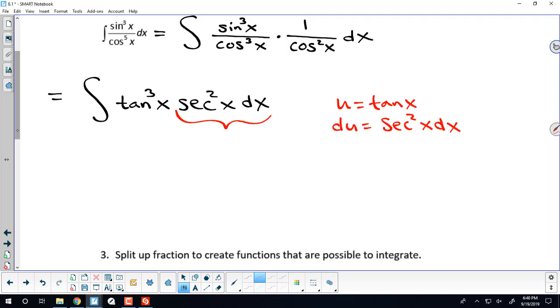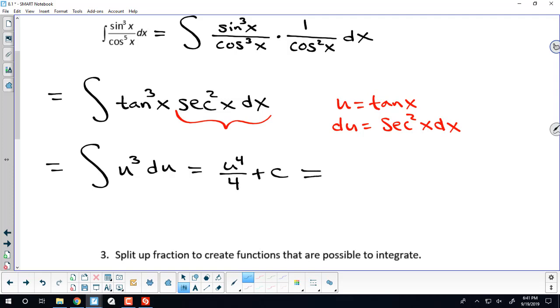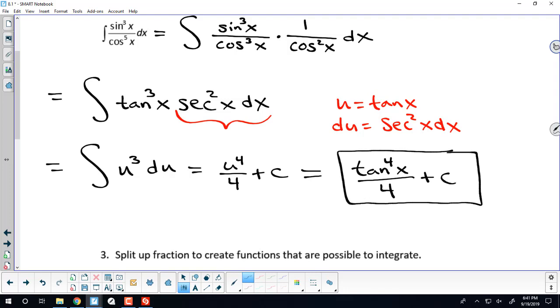So even in 8.3, we're still relying on u-substitution. So this becomes u cubed du, which is u to the 4th over 4 plus our constant. Resubstituting, we have tangent to the 4th over 4 as the antiderivative.